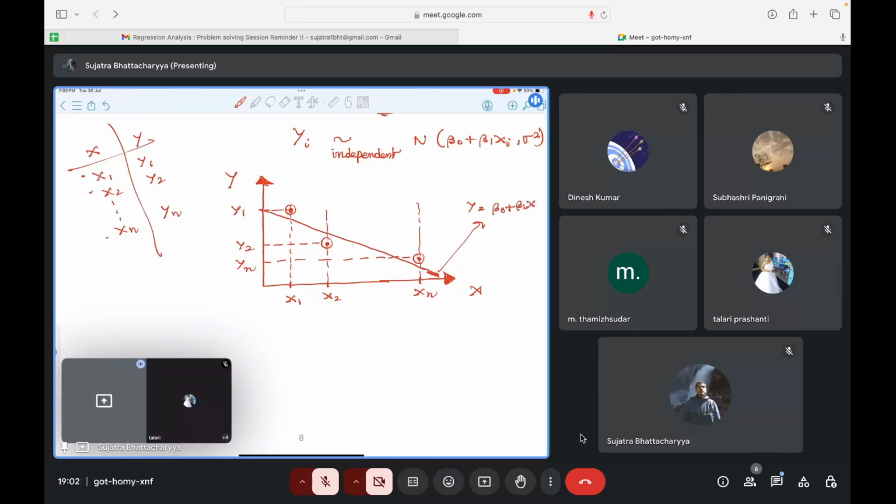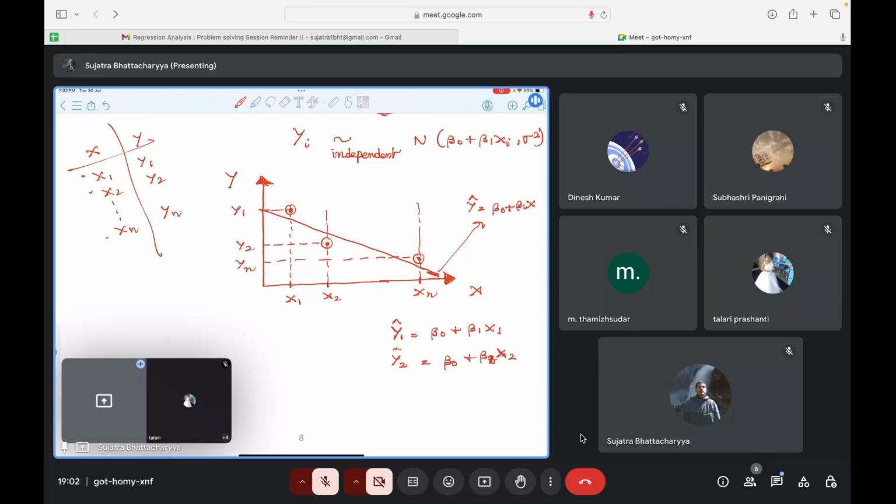Now at x1, suppose this is the y cap I'm writing. So this y cap will be beta naught plus beta 1 x1 for x1. Similarly, y2 cap will be beta naught plus beta 1 x2. So for y1 cap, where is that value?